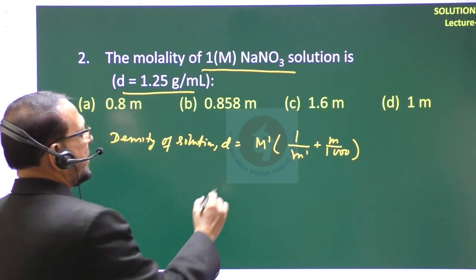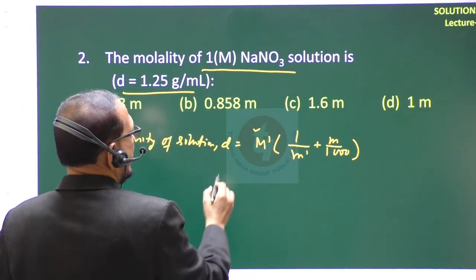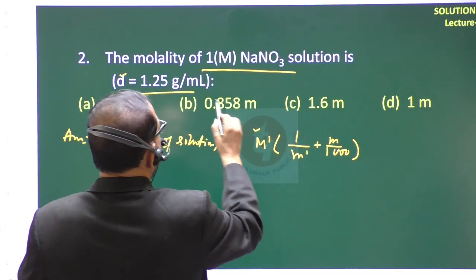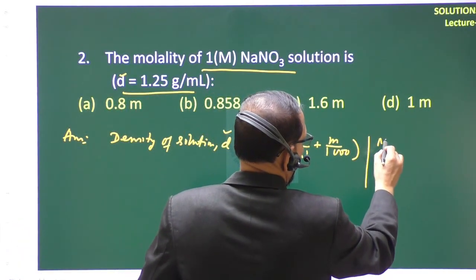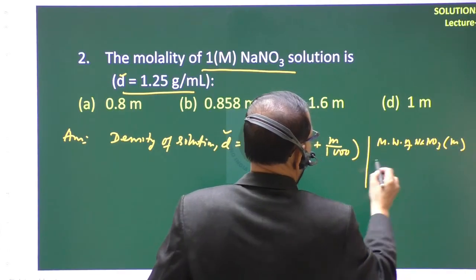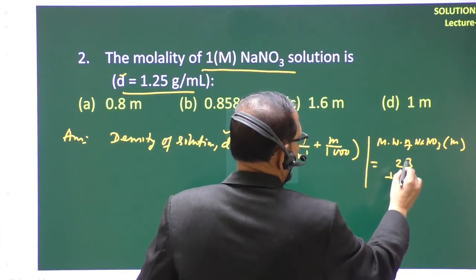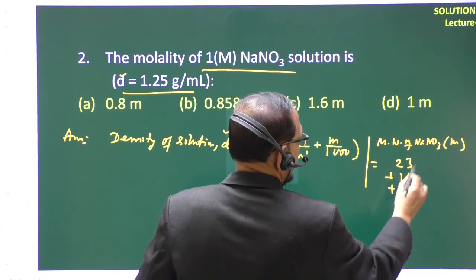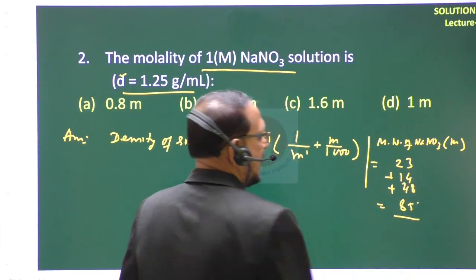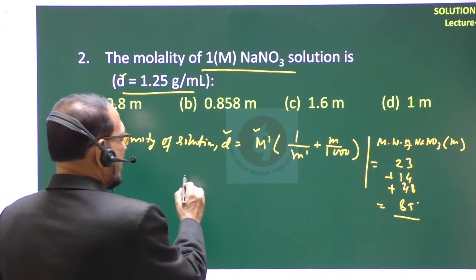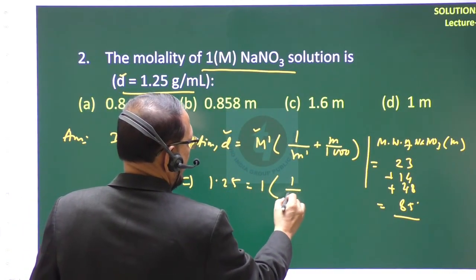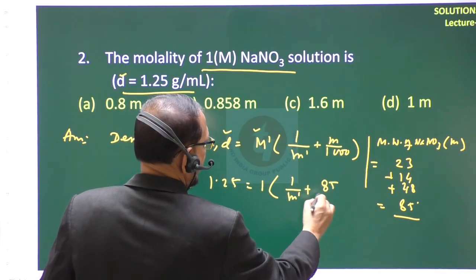You see what is given: molality is given as 1 molal, density is given, and for NaNO3 the molecular weight M is sodium 23 plus nitrogen 14 plus 3 into 16, 48, that is 85. So 1.25 is equal to 1 by (1 by m dash plus 85 by 1000).